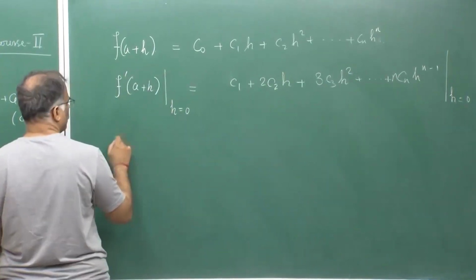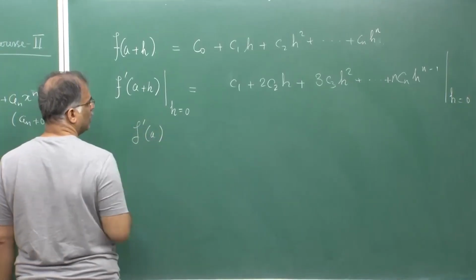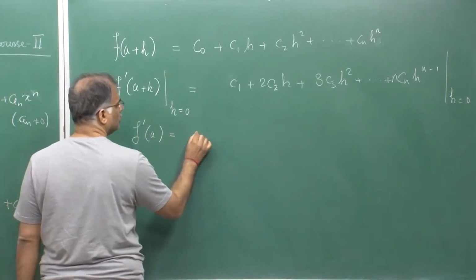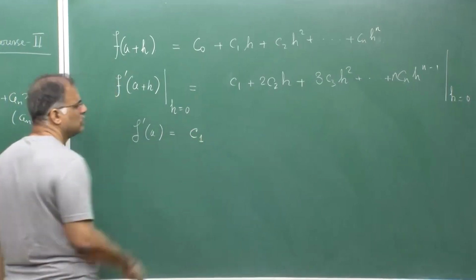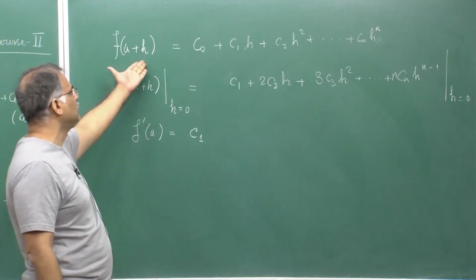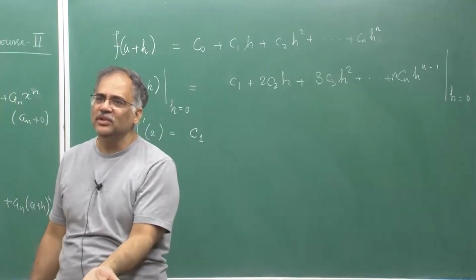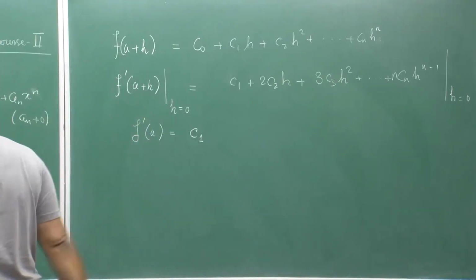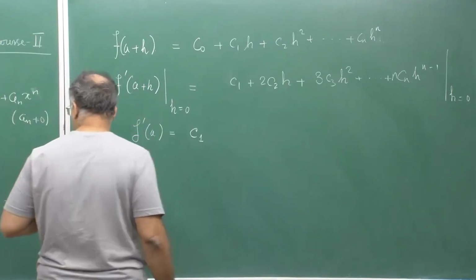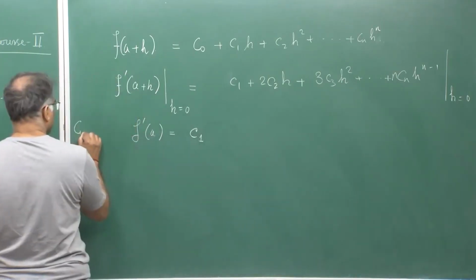So, f dash of a at h equal to 0 means f dash a is equal to c1. What about c0? Just put h equal to 0 here. If you put h equal to 0, f(a) is equal to c0. So, your c0 finally is f(a).